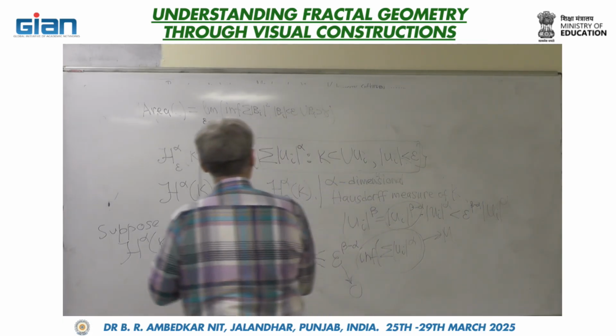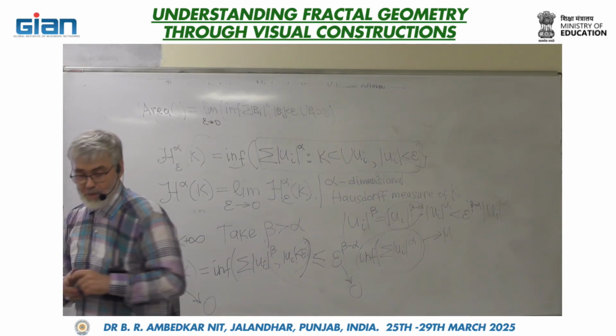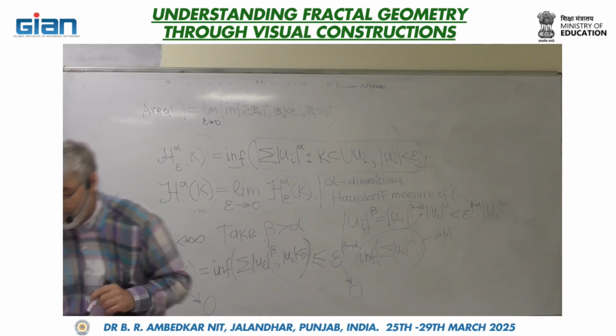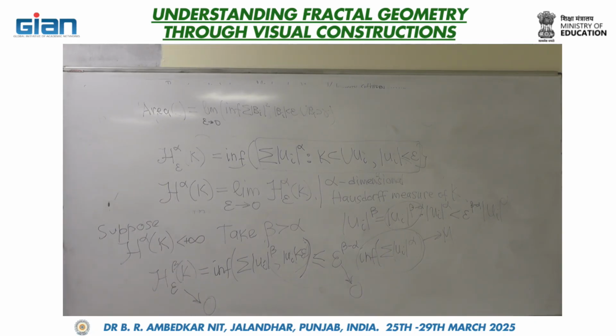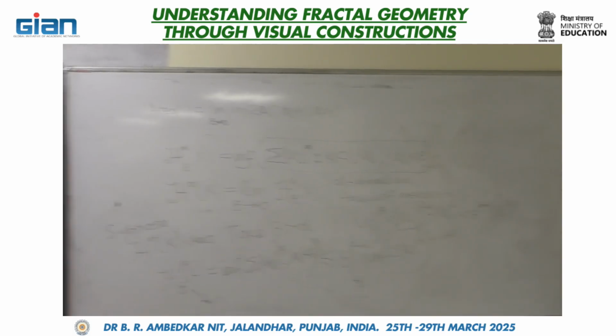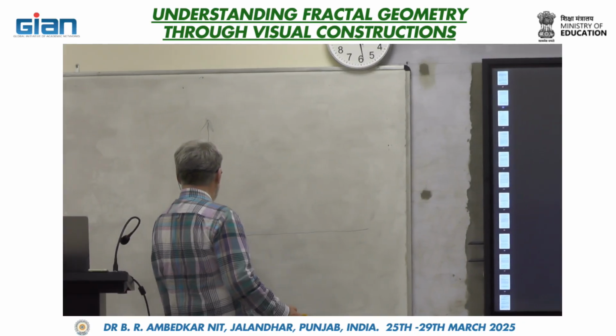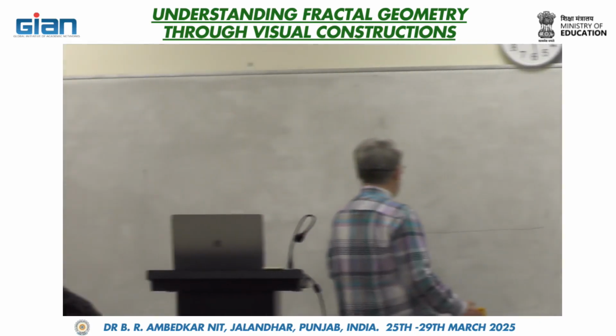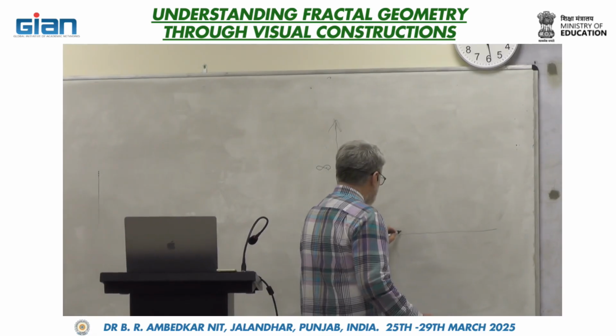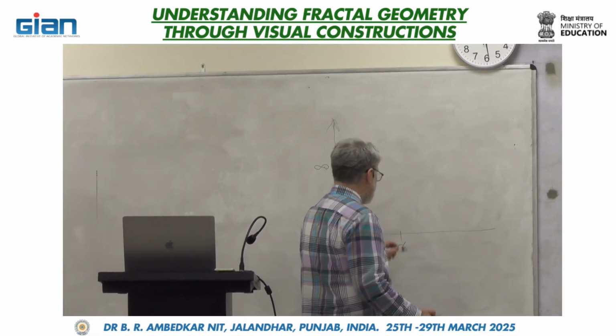So we have a very nice picture of how it looks. We can draw a graph. We can see this graph in Falconer's book. So this value will be infinity, this value will be 0, and we take some alpha.